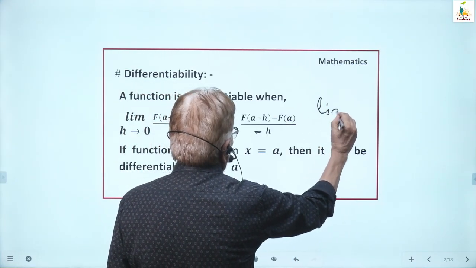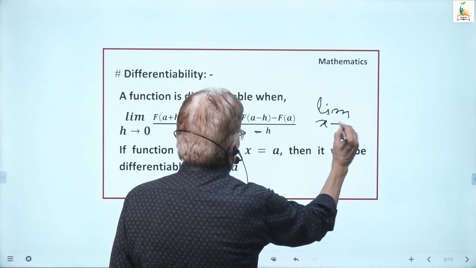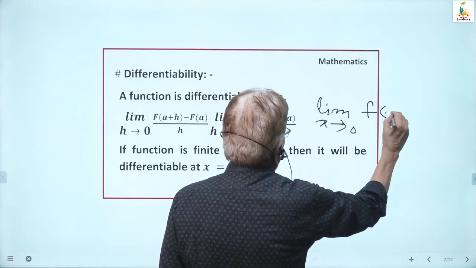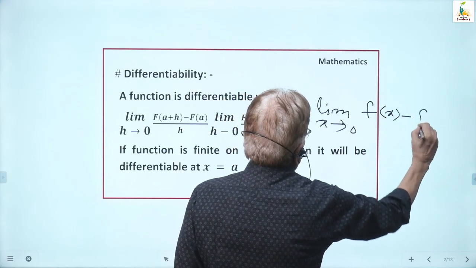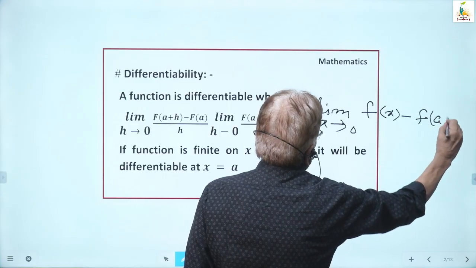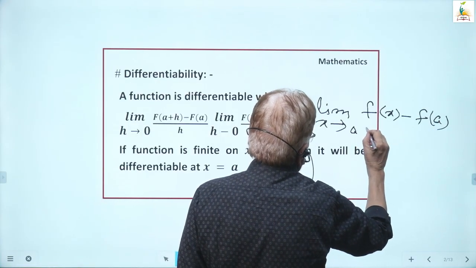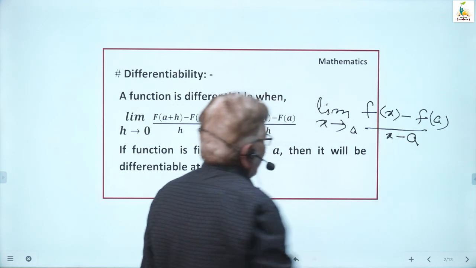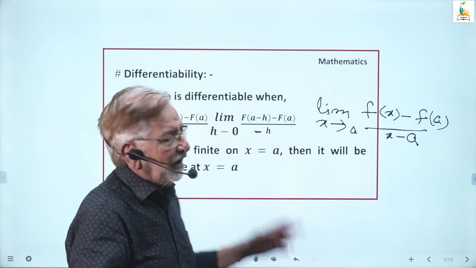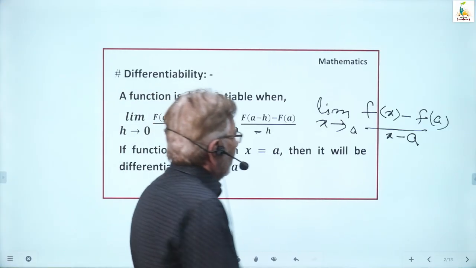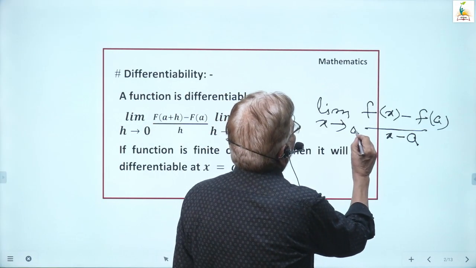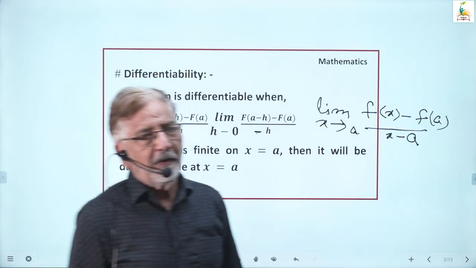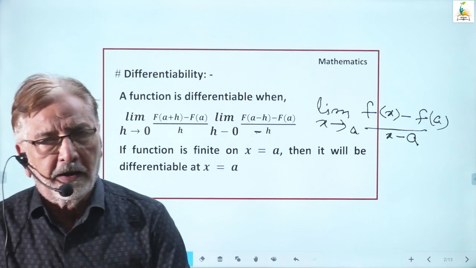Fourth point is this: the limit as x tends to a of (f(x) - f(a))/(x - a). If this limit is finite, the function will be differentiable at x equal to a.